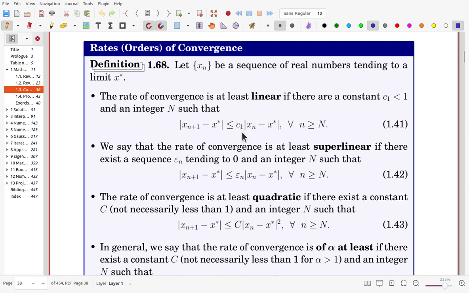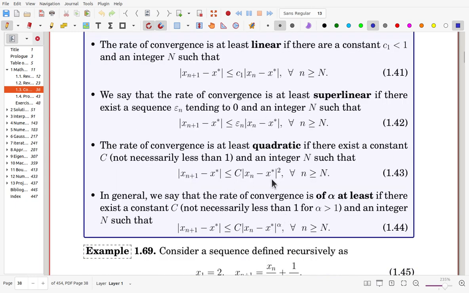Now, rather than a constant C1, if we can find epsilon_n, which is approaching 0, then this is faster than linear, so we say the convergence is superlinear. Now, if we can find the square, then the later error is way smaller than the current error.